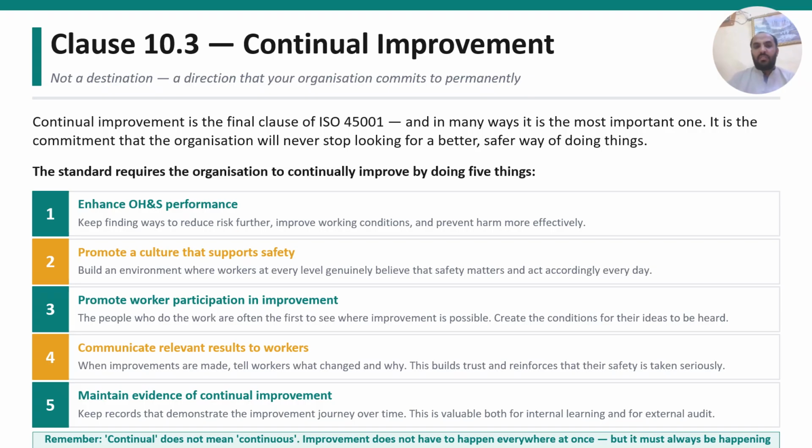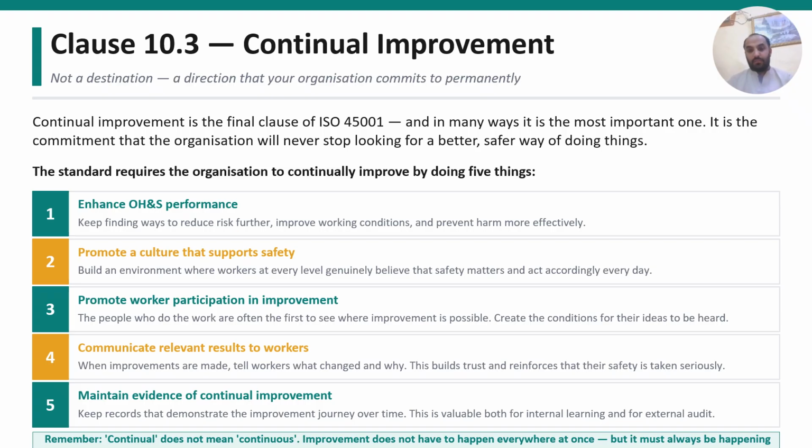The first is to enhance occupational health and safety performance, to keep finding ways to reduce risk further, to improve working conditions, and to prevent harm more effectively, not to maintain the current level, but to keep improving it. The second is to promote a culture that supports the safety management system.